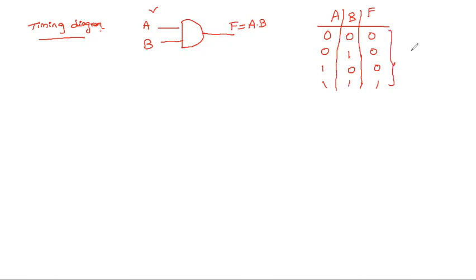How many combinations do we have? 4 combinations. Right? Each combination gets one slot. So I am dividing the x-axis like this.